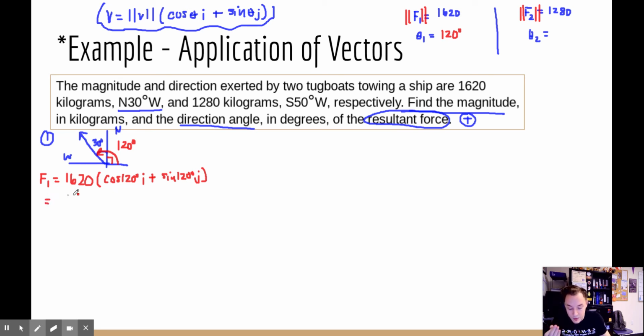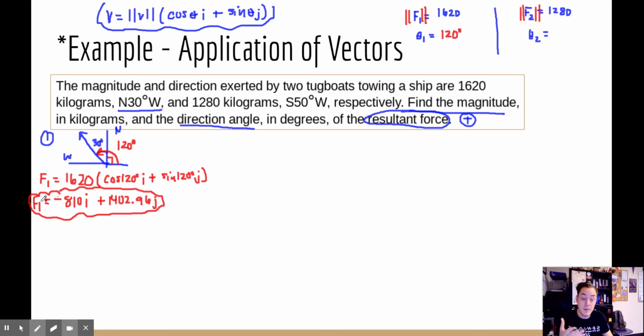So when I simplify all this out, I'm just going to simplify it completely for you. So find cosine of 120, find sine of 120, and then distribute that 1620 in there. F of 1 equals negative 810i, and then plus 1402.96j. So this is not my answer, but it's something that I'm going to be using to find my answer.